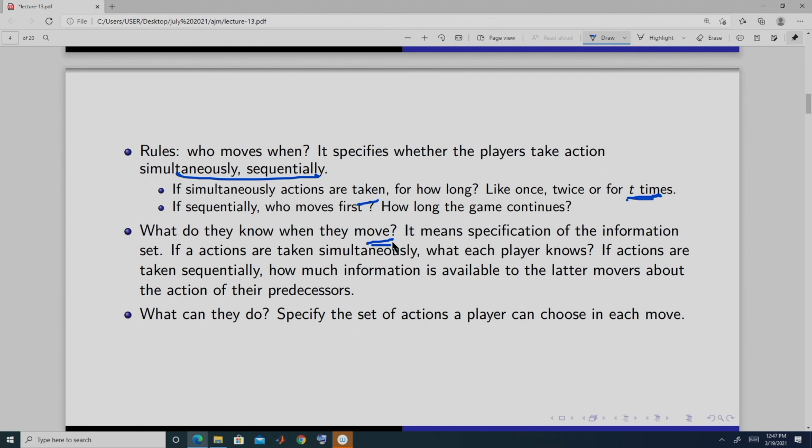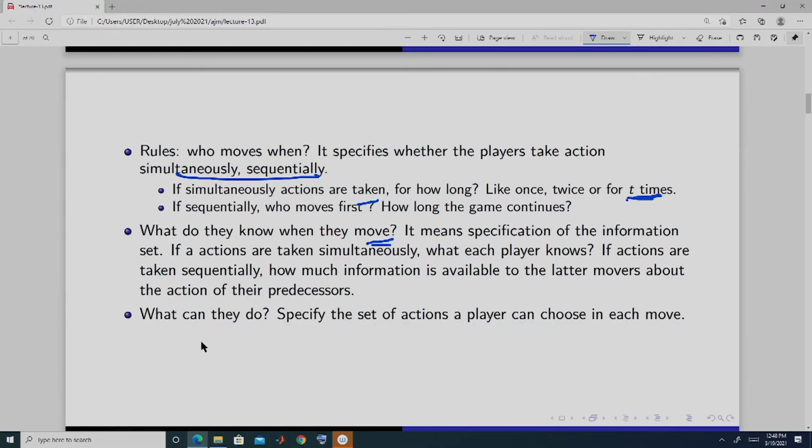When I am choosing my action, I should know what the possible actions are that player 2 can choose, or if I am playing after player 2 has played, then I should know what actions have already been taken by player 2.